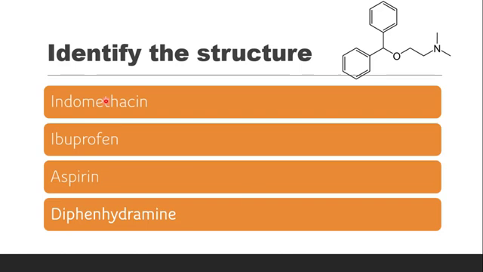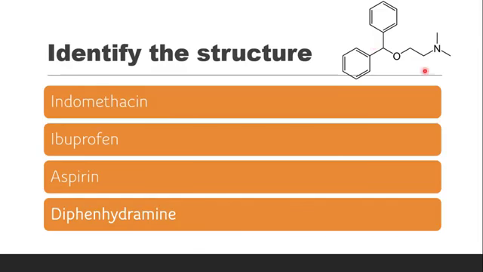Next, to identify the given structure. Now it is really very simple. The first generation antihistamines, if you see the structure, contain 2 phenyl rings. And the name which contains 2 phenyl rings is diphenhydramine.